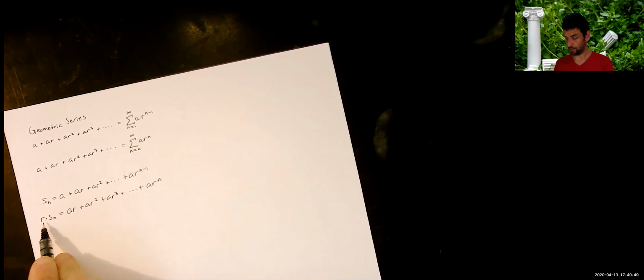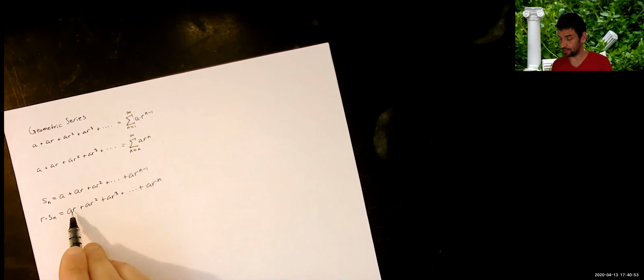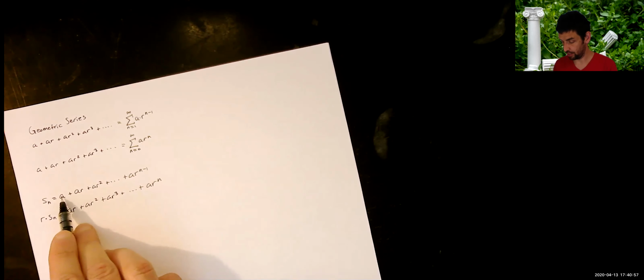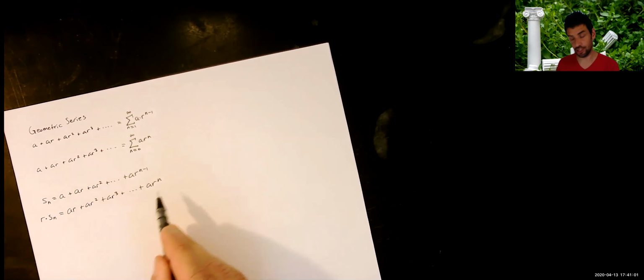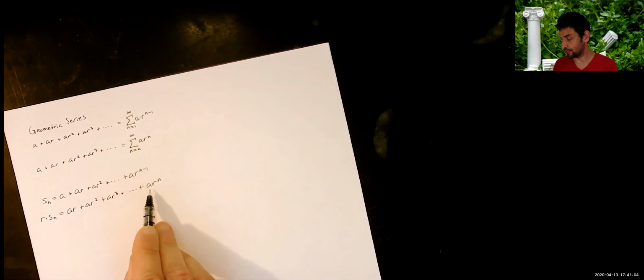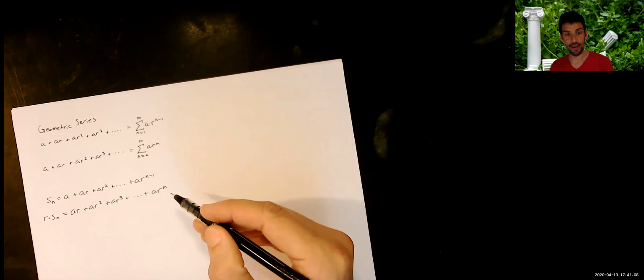So each a gets an extra power of r: a becomes ar, becomes ar squared, becomes ar cubed, and ar to the n minus 1 becomes ar to the n.